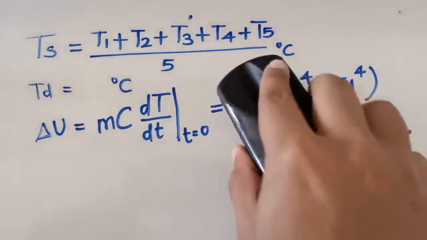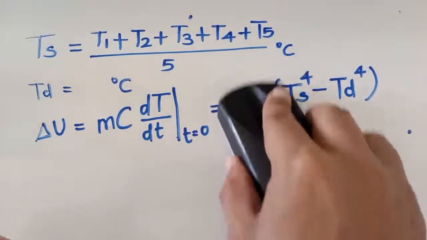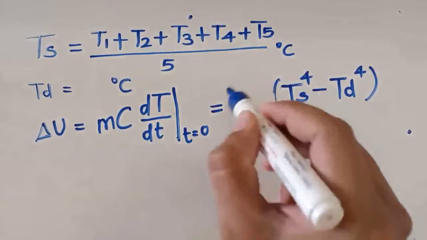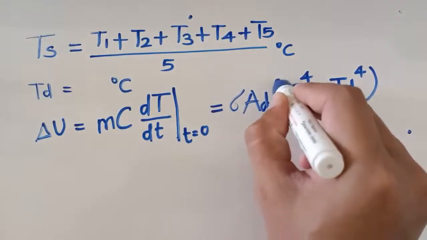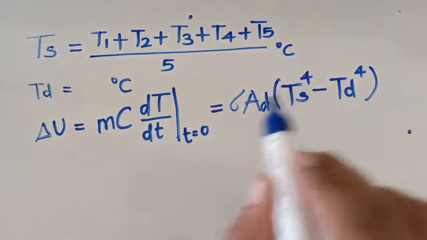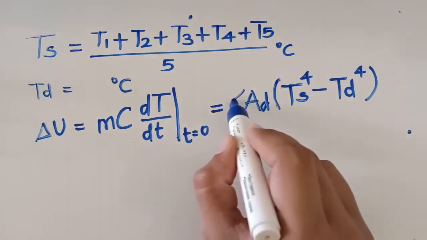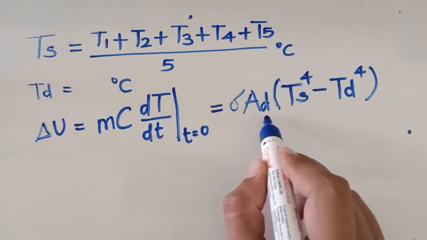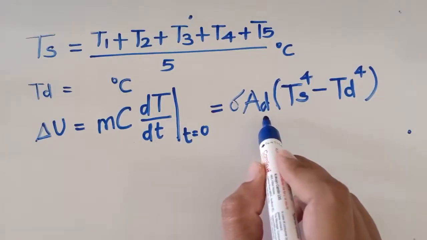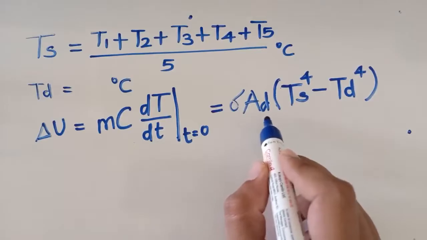This has become a marker issue. Okay, I'll rectify this. So this will be sigma multiplied by the area of the disk multiplied by Ts raised to 4 minus Td raised to 4. Now, why have we taken this Ad? Because it is the effective area for which we are studying the heat transfer. So there is no need to take any other area.